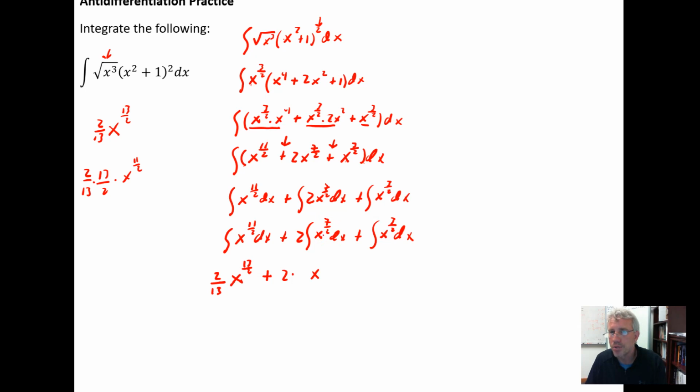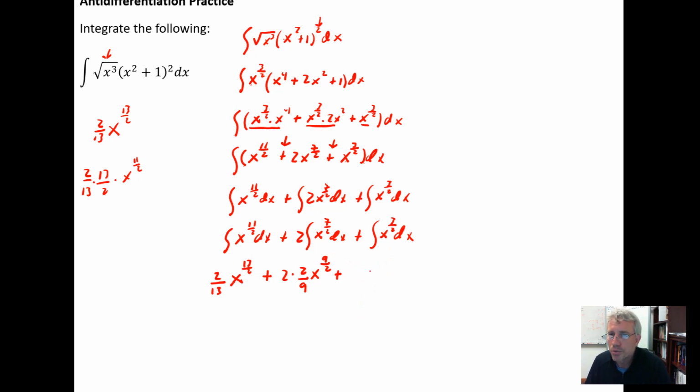We're working backwards, so we're going to add 1 to that exponent. So 7 halves plus 1 is 9 halves, but we need to multiply by the reciprocal of that exponent so that differentiation, the 2/9 kills the 9 halves. We do get a second constant of integration, but again, we just add all the constants together into a single constant at the end of the sentence.